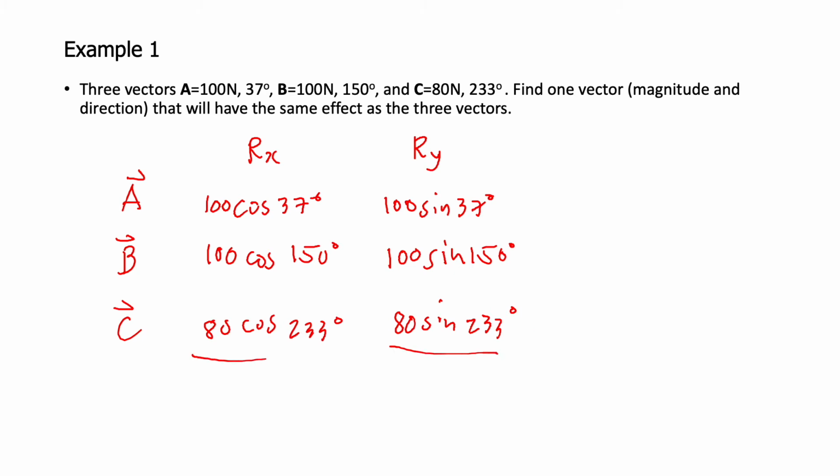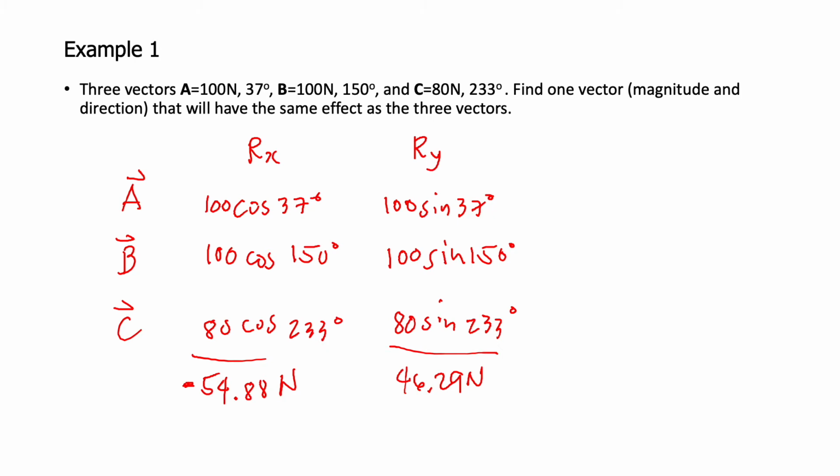Now we can calculate the sum of these. Rx is 54.88 newtons, and Ry is 46.29 newtons. Note that Rx will be negative, or 54.88 newtons to the left.